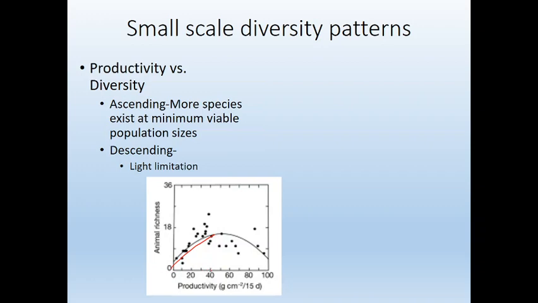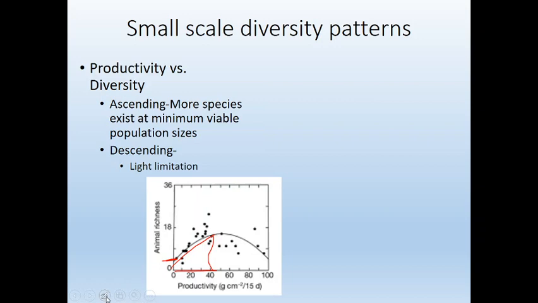With more energy flowing through the food web, you can have more species with those minimum viable population sizes. So if you only have a very small amount of energy going through the system, let's say right there, you're really only going to be able to house a couple species here. Not very many species. But as you get more productivity, you can house more species within that habitat.